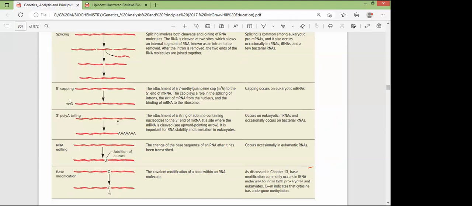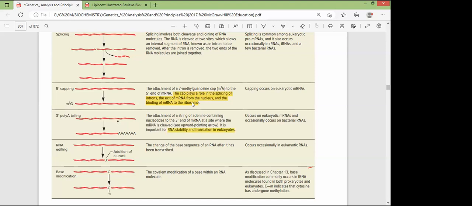The 5' capping plays a role in facilitating the splicing of introns, the exit of mRNA from the nucleus, and the binding to the ribosome. The poly-A tail is important for the stability of the RNA and translation in eukaryotes.